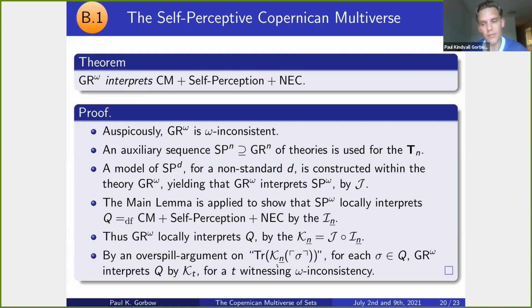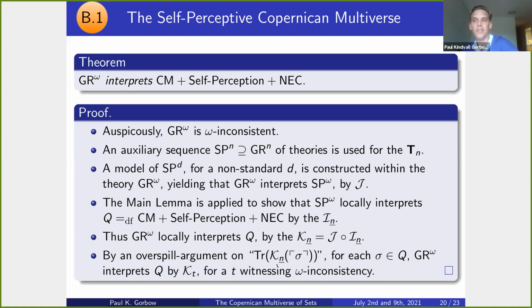So it's essential here in this particular proof, we used a truth predicate that plays an essential role. It's actually because this theory here, it's only self-perception. Self-perception can be written as a single axiom.